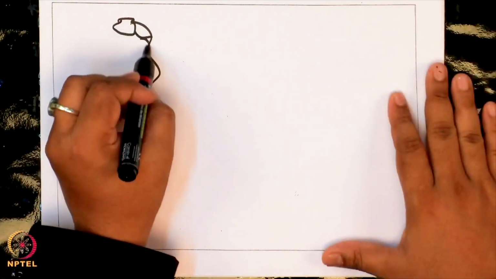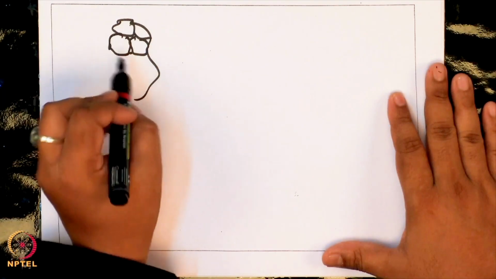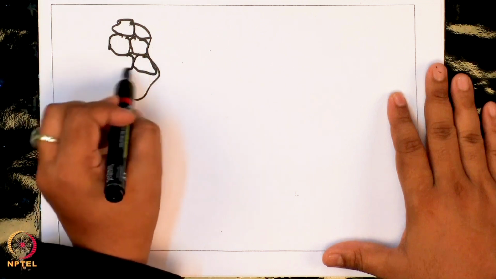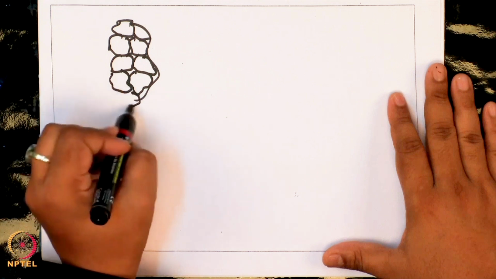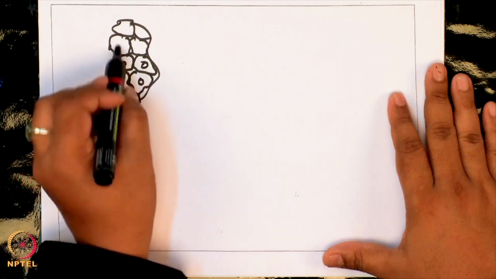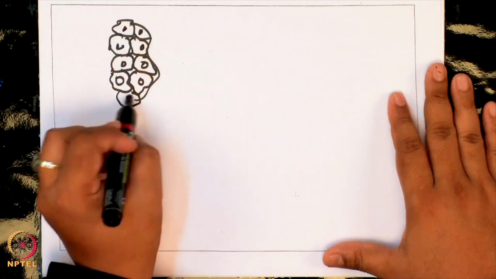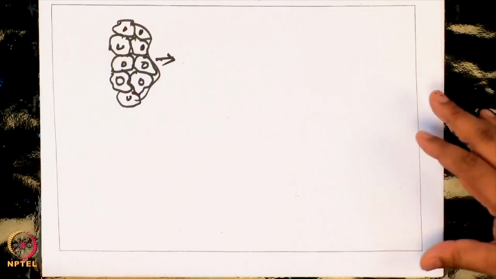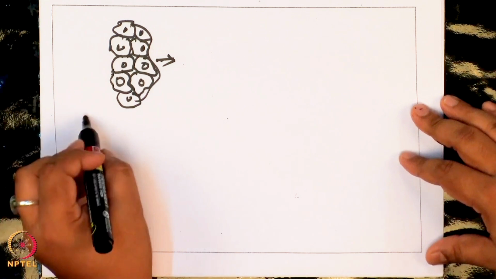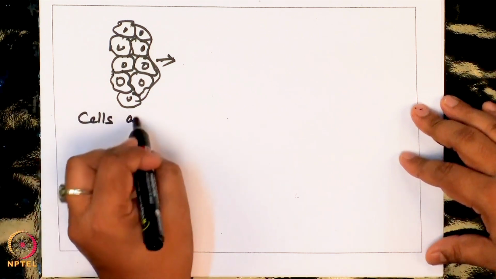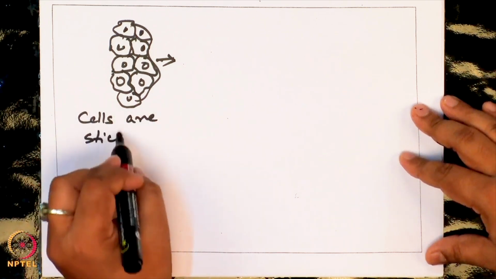By collective cell migration, you have a group of cells. So, let us say this is a group of cells, and each of these is a cell which is migrating. But it is not necessary, the way I have drawn this, that cells are sticking to each other.